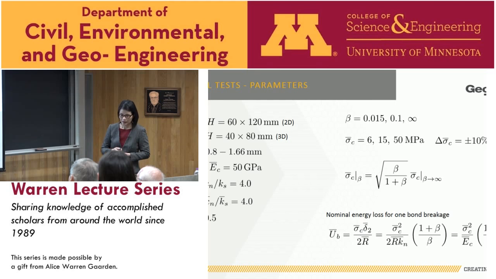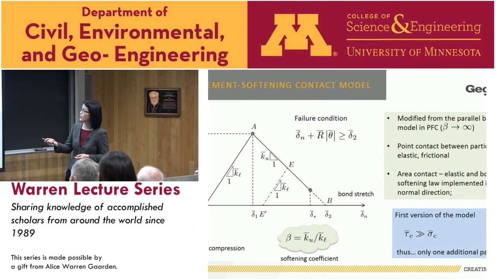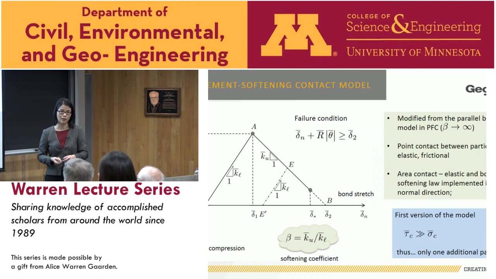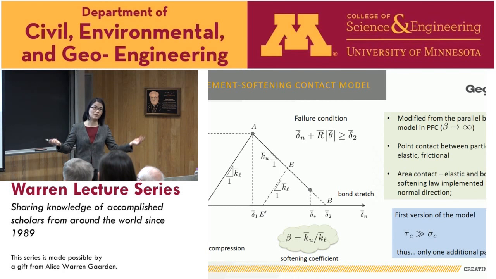If you look at softening laws, then failure will be related to the energy that you can compute underneath this curve. So if we just fix the bond strength over here, and if we decrease the softening coefficient, then we'll end up with the uniaxial compressive strength larger and larger. And as a result, the simulation time will be much longer.